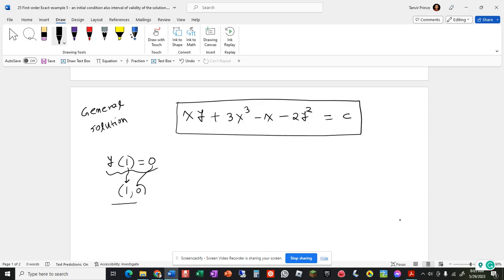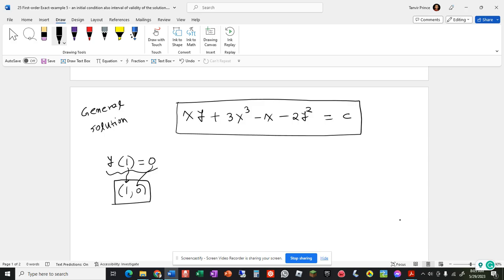So we're looking at the point 1 comma 0, and for what value of C the graph goes through 1 comma 0. So you can approximate the value of C, but in this case we're simply going to use algebra to save some time. If you're interested, look at some of my previous examples, where you're going to find this way of finding C.